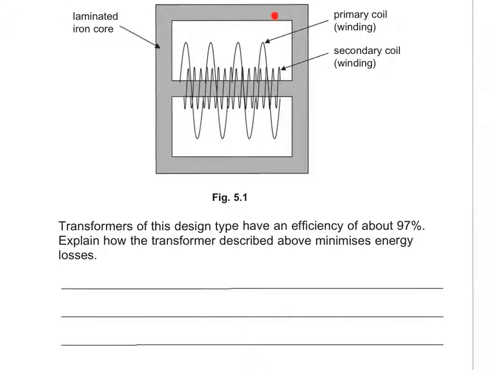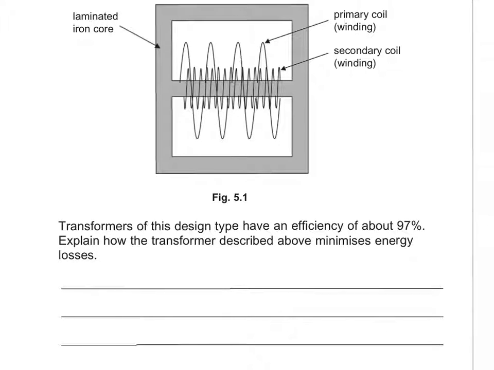Because the core is formed in layers, the gap between the layers will oxidize, and you cannot get as much current flowing around the iron because it can't cross the layer boundaries because of the oxidization. So a layered core reduces eddy currents, and that therefore reduces any energy loss through swirling currents in the iron.